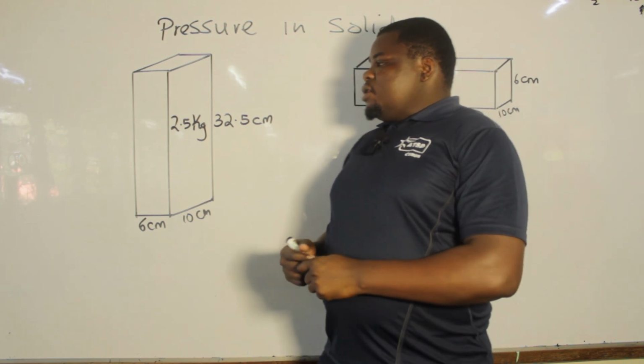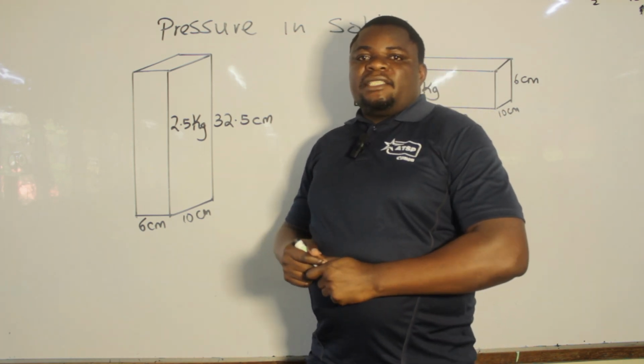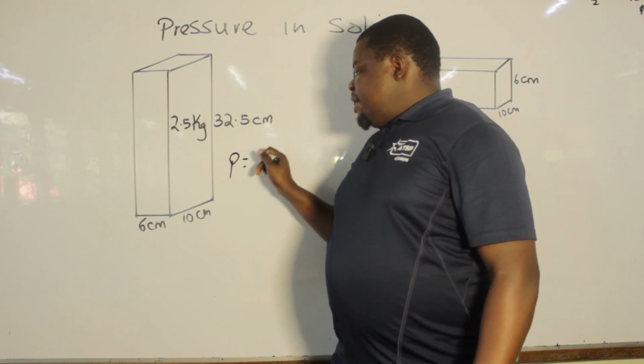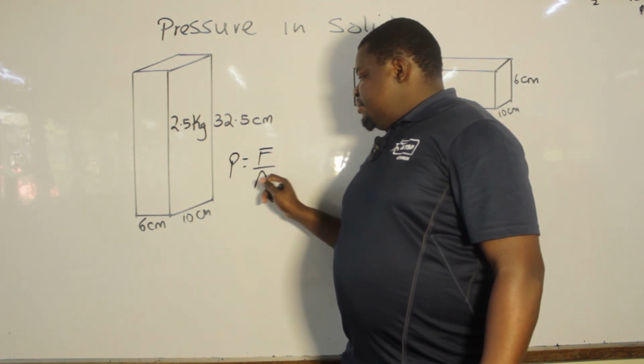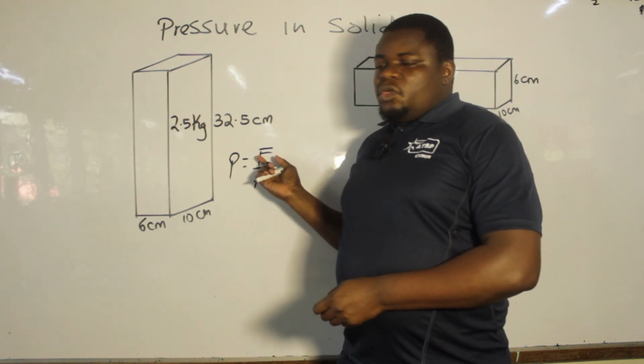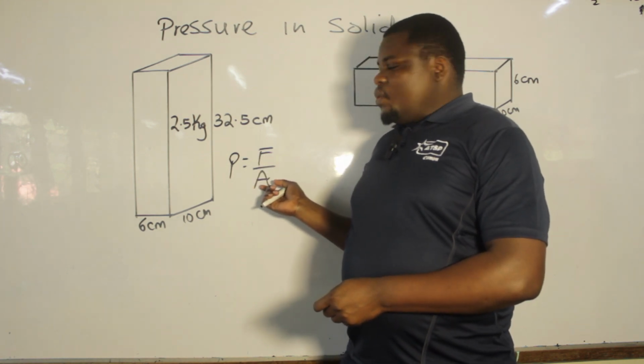So first of all, we need to know that pressure P is given by force over area. Force is supposed to be in newtons and area in meters squared.